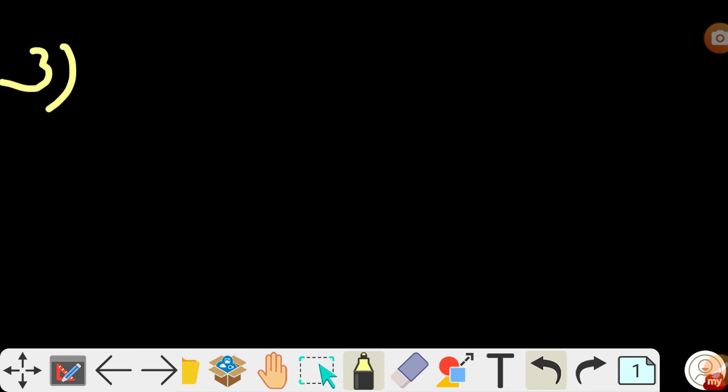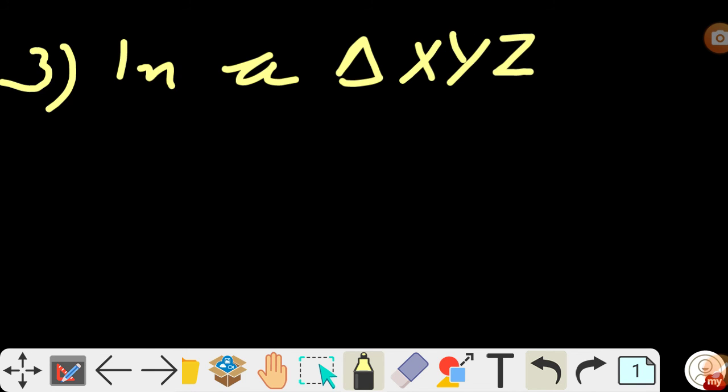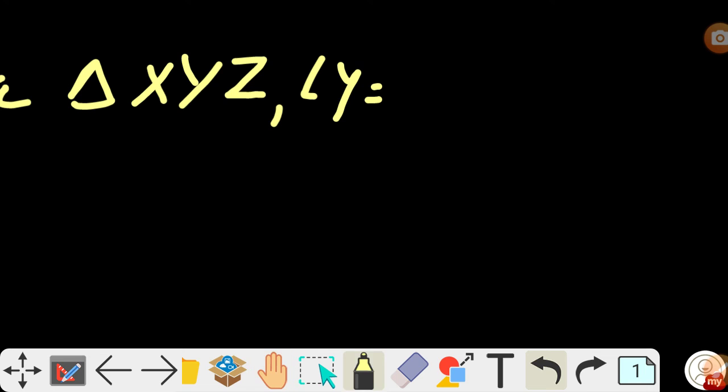The third question here: in a triangle XYZ, where angle Y equal to 90 degrees and XY equal to 2 root 6.